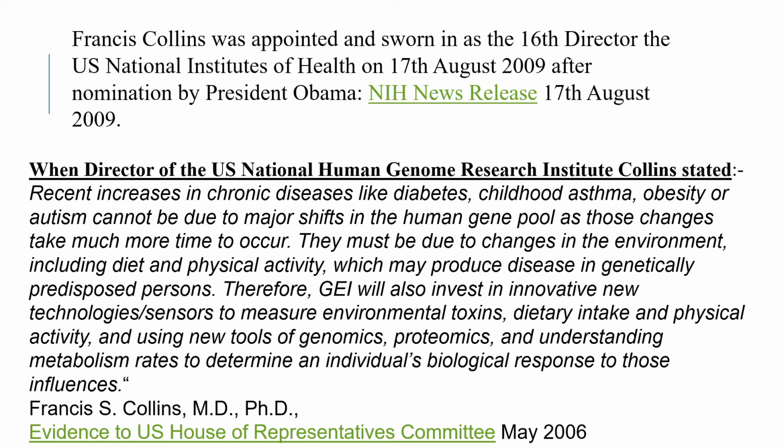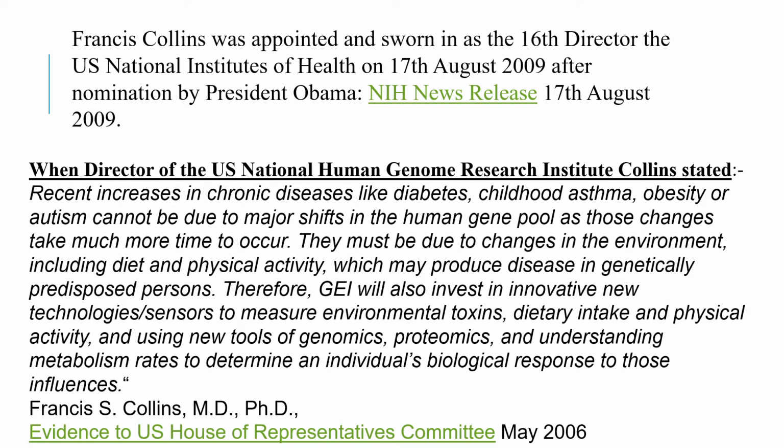You can read along. Recent increases in chronic diseases like diabetes, childhood asthma, obesity, or autism cannot be due to major shifts in the human gene pool, as those changes take much more time to occur. They must be due to changes in the environment, including diet and physical activity, which may produce disease in genetically predisposed persons.